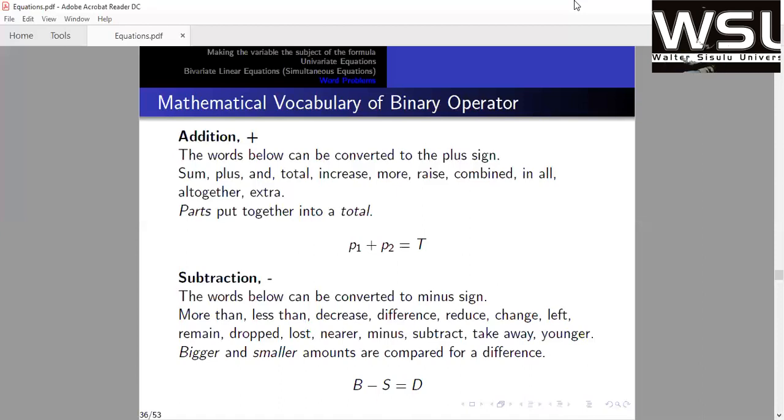Whereas with sum, it will be P1 is P2 less than T. Sorry, P1 is the difference between T and P2. There are many words we could use, like I said. It's up to you how you convert it.